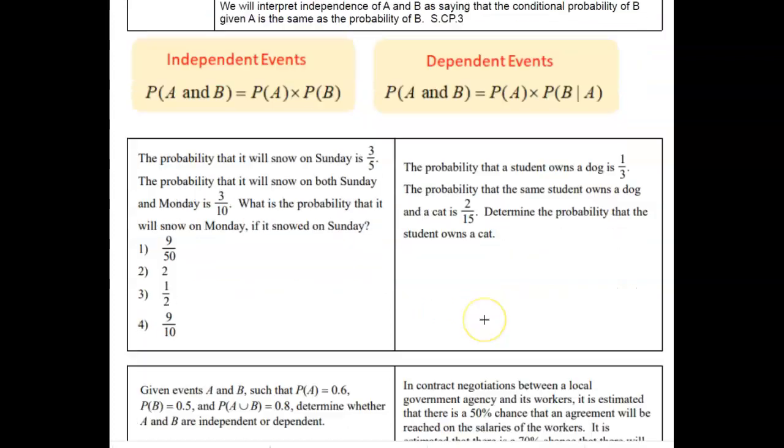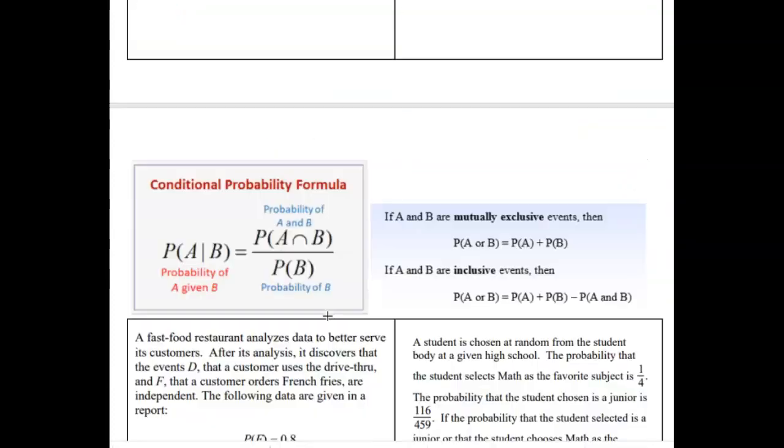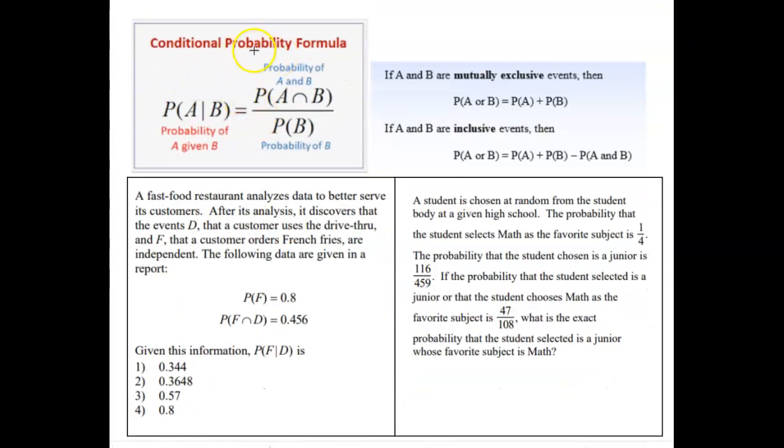Okay, and so I have a couple of examples here, but you can definitely use these formulas in different ways. So just write them down and be familiar with them. The practice problems could have different scenarios. The other 2 formulas are going to be the conditional probability formula, which is the probability of the first event given the second event is equal to when they both happen at the same time divided by the probability of the second event.